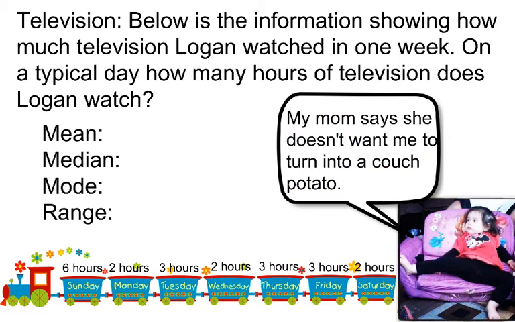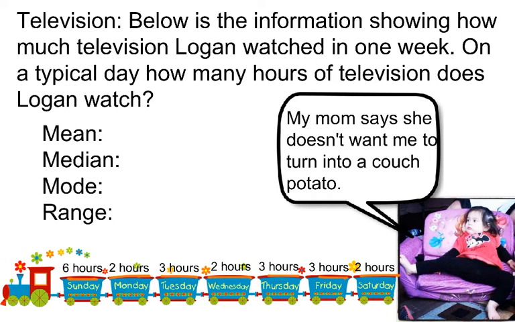Television. Below is the information showing how much television Logan watched in 1 week. On a typical day, how many hours of television does Logan watch? So, we can look below and we can see Sunday was 6 hours, Monday 2, Tuesday 3, 2, 3, 3, and 2.